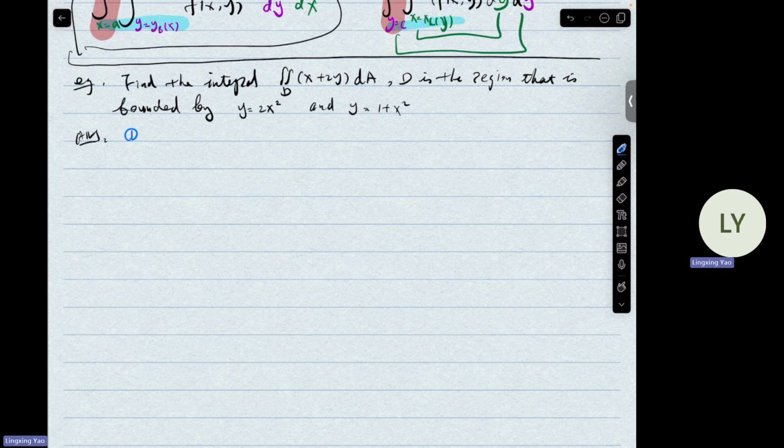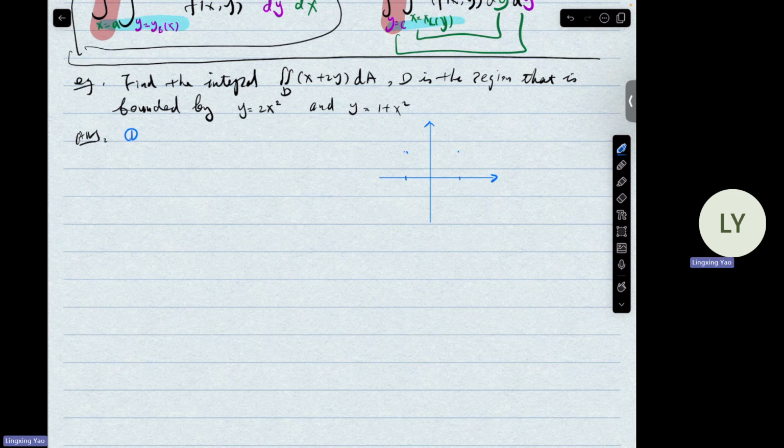One good thing to do is to always draw a diagram to illustrate roughly where the domain is.